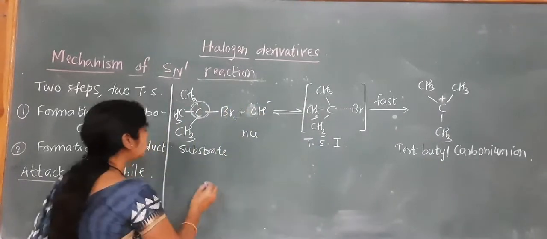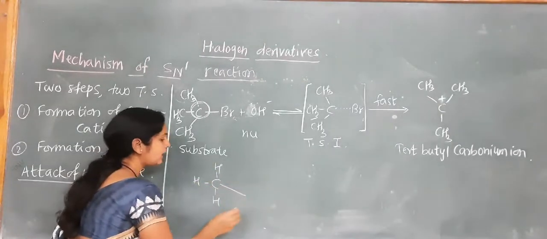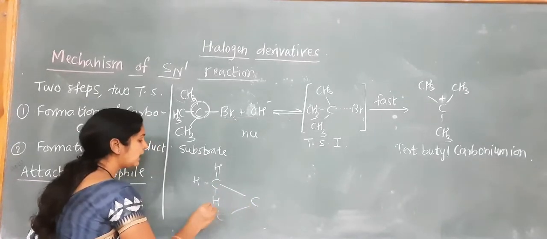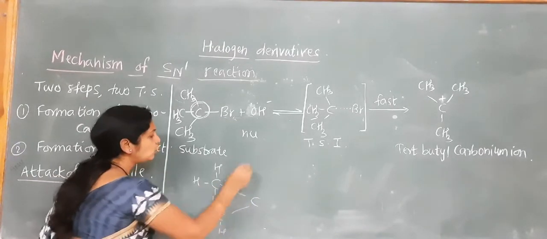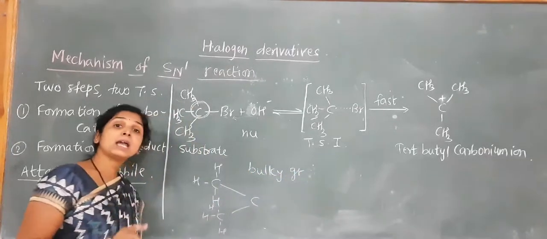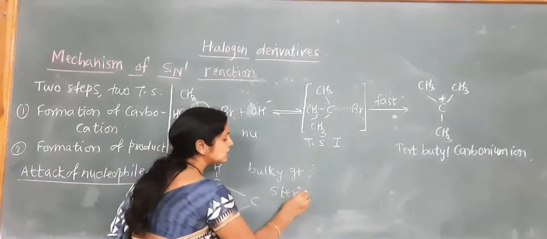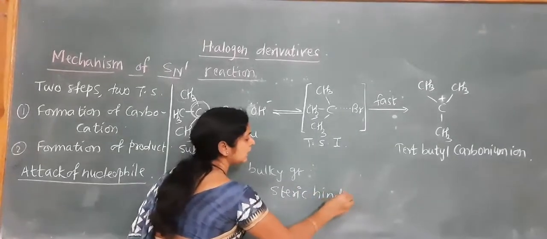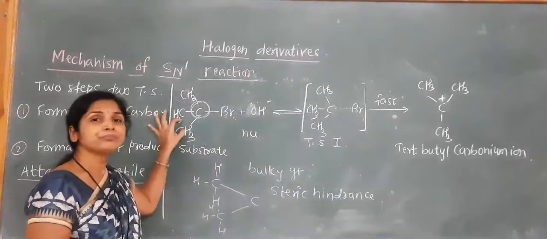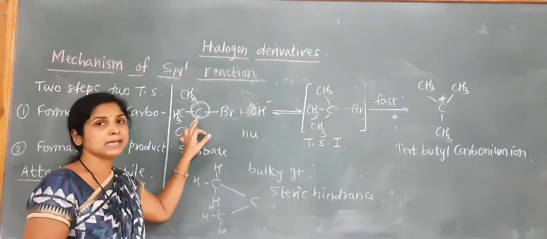Now as those bulky groups are there, the central carbon atom is having the presence of three bulky methyl groups, and hence due to the presence of those bulky groups, the backside attack is also not possible, because they are going to cause a steric hindrance. इथे एक वर्ड आपण वापरणार आहोत, steric hindrance, that is they will oppose the nucleophile to attack from the backside also.